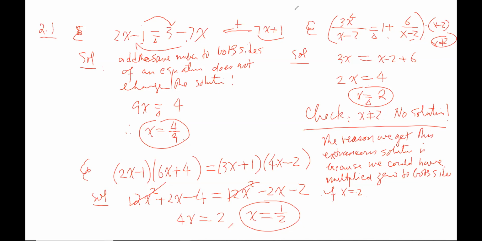And that's the reason. In the future, whenever you solve equations involved with a fraction, you have to check the denominator isn't 0. Yeah, you have to check the denominator is non-zero, okay?